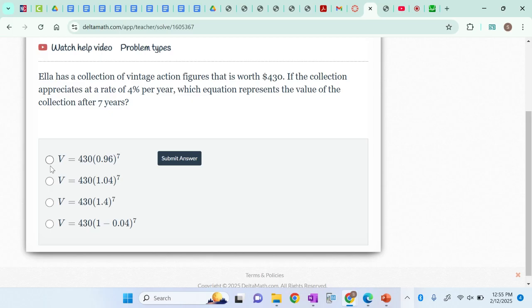When we're putting that in the formula, we have to convert that percent to a decimal. How do I convert that percent to a decimal? Well, what's the highest percent you can have? 100. So if I have 4 of 100, that's two decimal places.